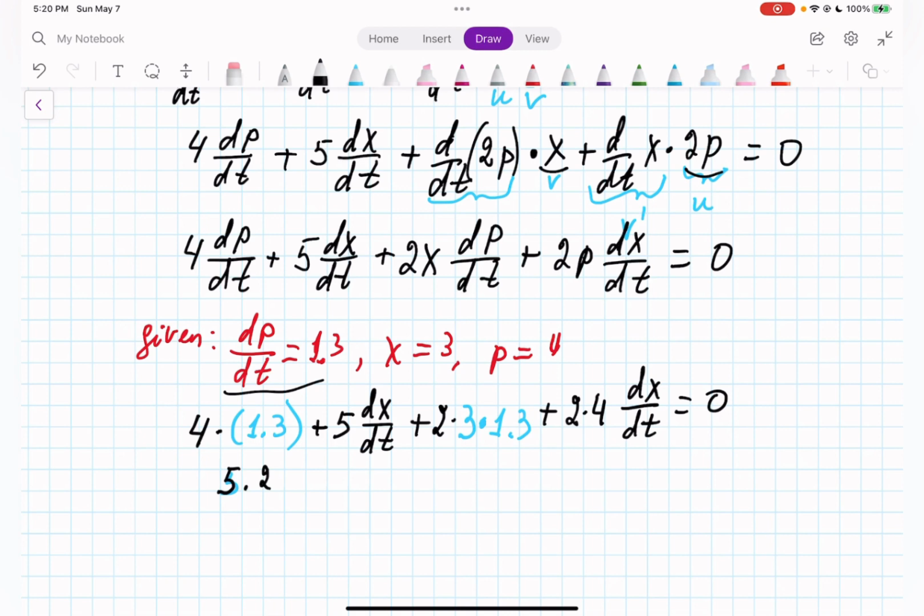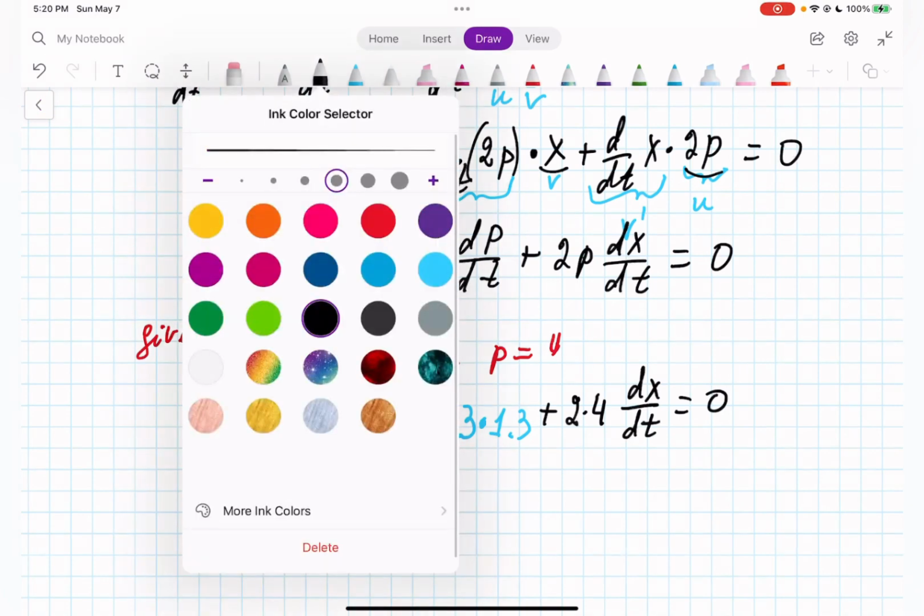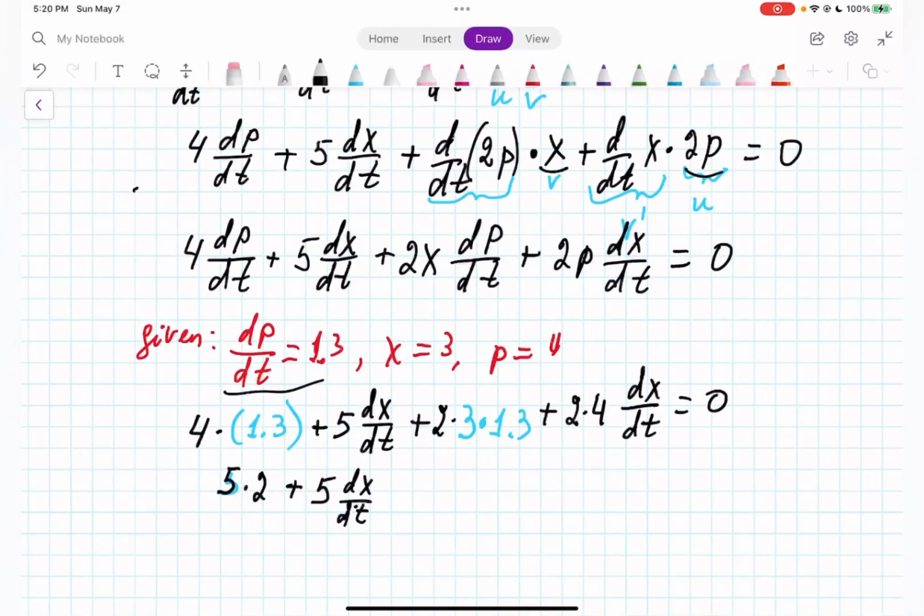Next, plus 5 dx by dt, plus 2 times 3 is 6, and 6 times 1.3 is 7.8, plus 2 times 4 is 8 dx by dt.